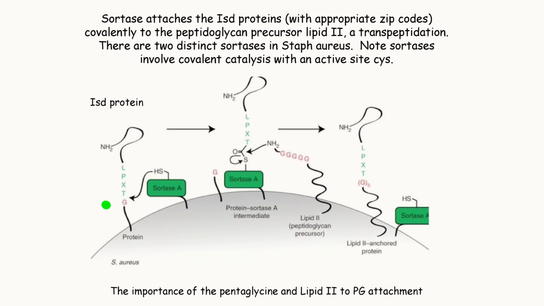So again, you cleave this peptide bond, and you have this piece left over from your ISD protein. You now have this covalently attached to the sortase. And again, what you're doing is going to regenerate the sortase so you can do more of these reactions. And here you're forming your linkage to the ISD protein. Okay? Does everybody see what's going on in that reaction?